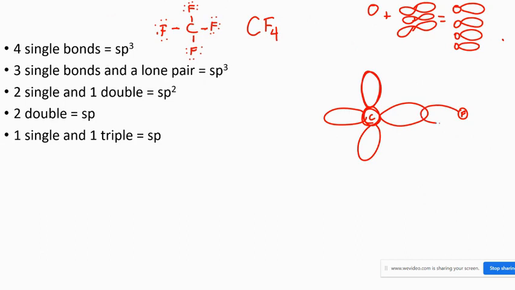It's going to attach, this is a sigma bond here, attaching those 2 together, end to end. That leaves me with 3 of these that I need to place around the fluorine, and they're going to be a little bigger because they have these lone pairs of electrons, which means that they're going to repel just a little more.